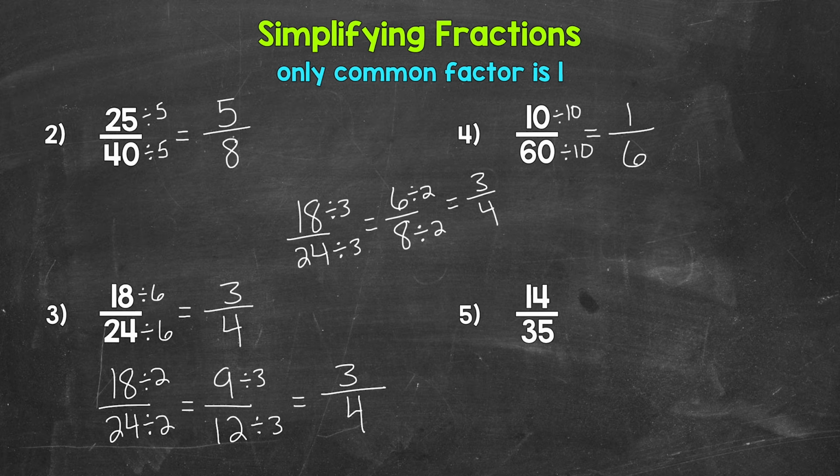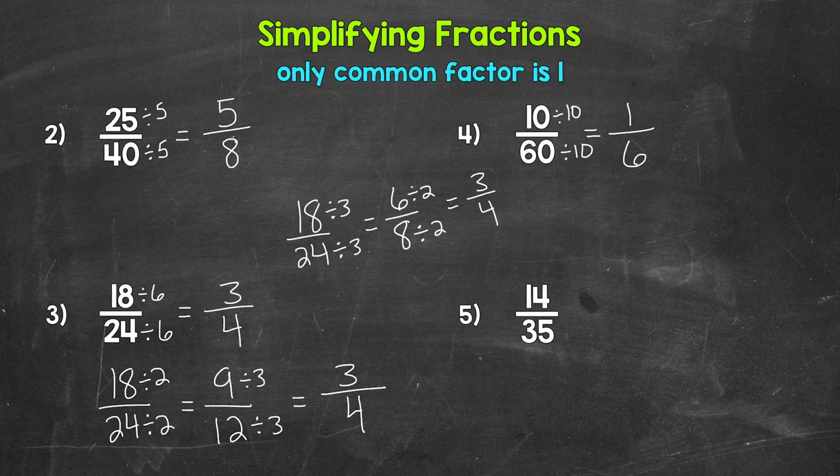This is simplified. Lastly, let's move on to number 5, where we have 14/35. So are there any common factors here other than 1 that we can divide by? Let's think about 14. We know that 1 and 14 are factors, but also we have 2 and 7. So do any of those factors work for 35 as well?